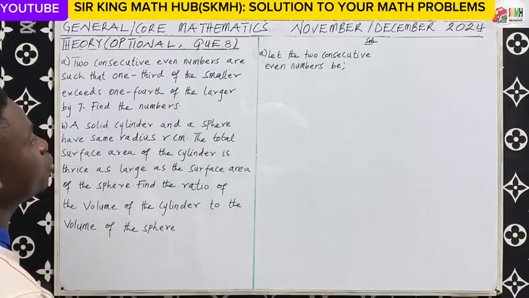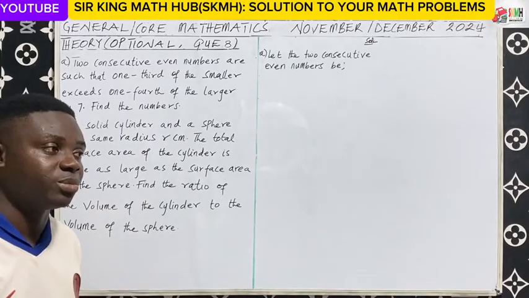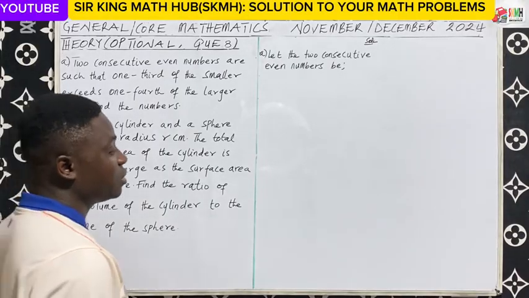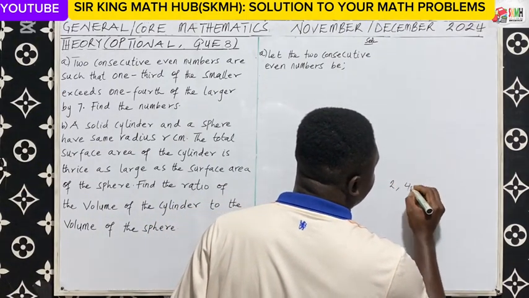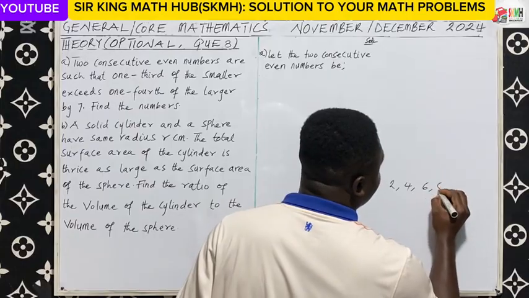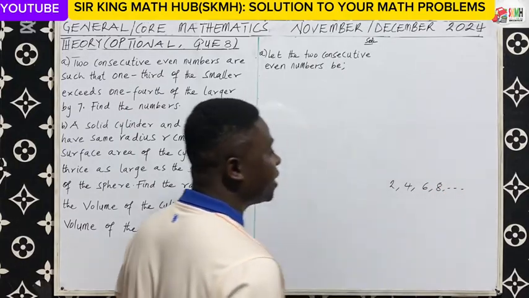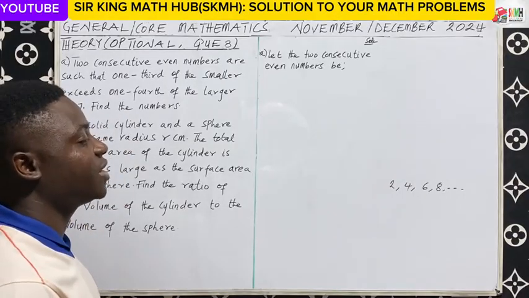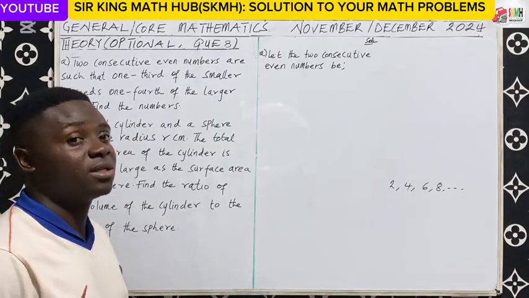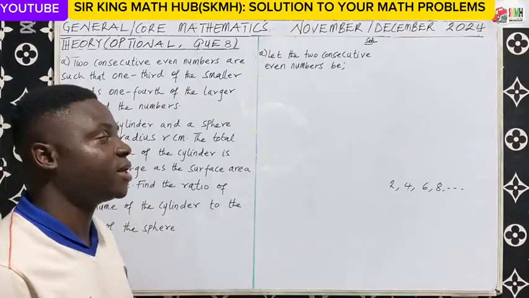So let's represent the two consecutive even numbers algebraically. How do we do that? I have with me here the first four consecutive even numbers, but we want to represent this algebraically.